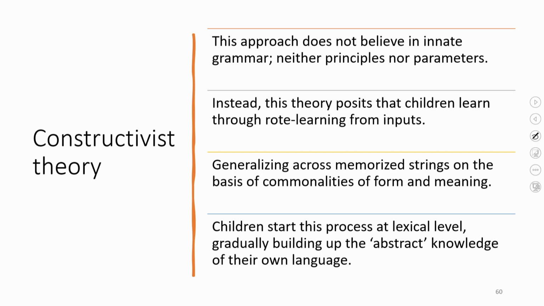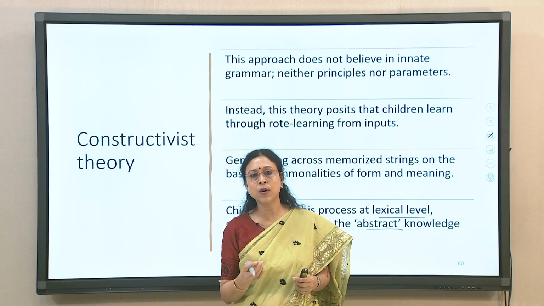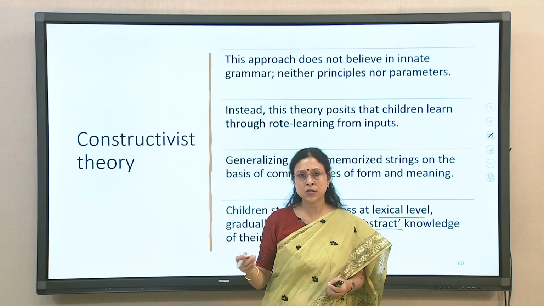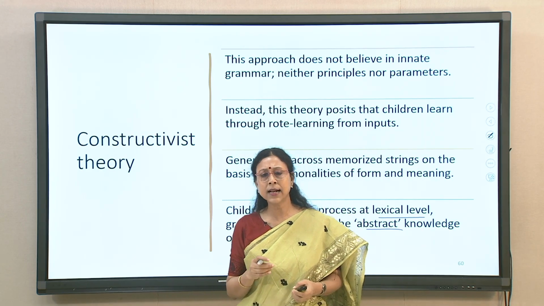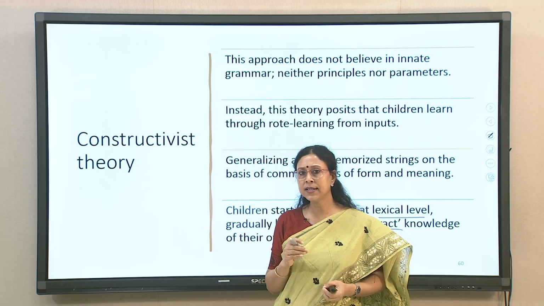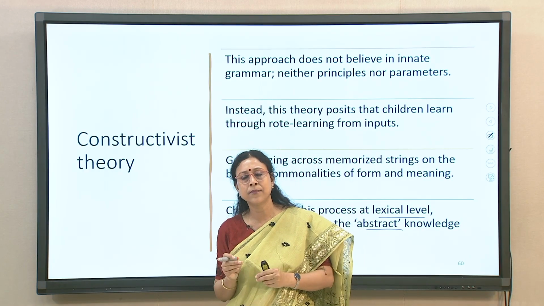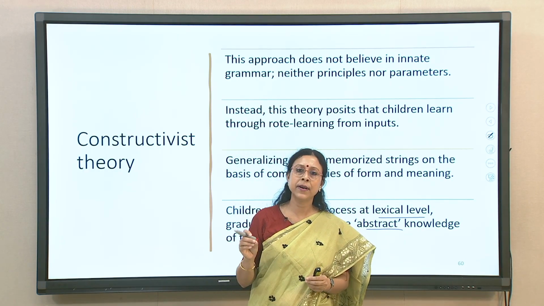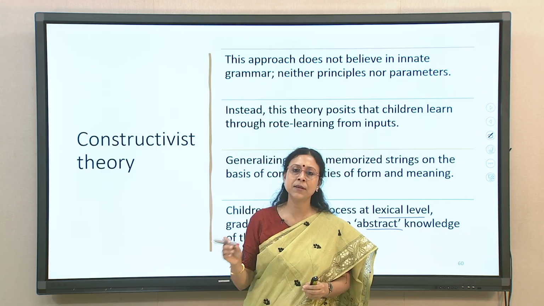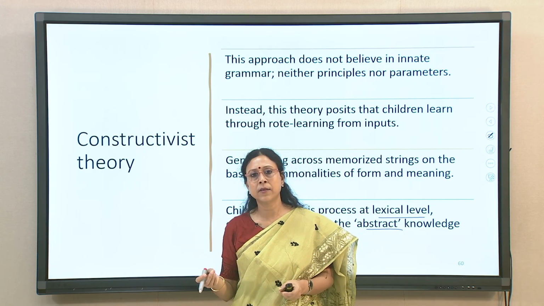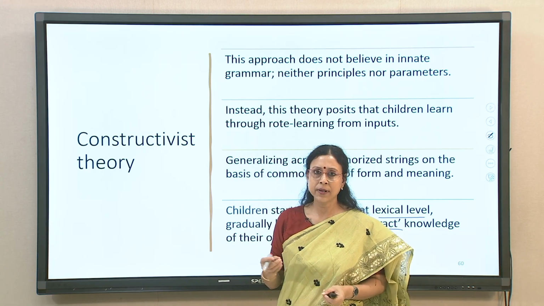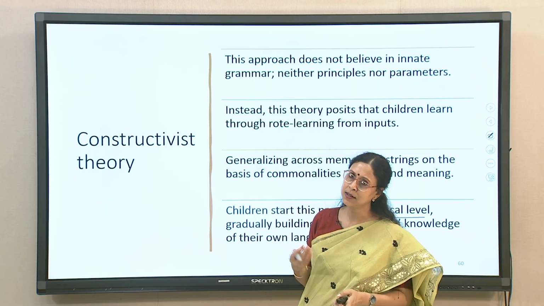So, even though they start at the lexical level, over a period of time they will be gradually building up the abstract knowledge about their own language. They will start with, let us say, a few words like walk, walked, talked, and then they will notice that these kinds of words always appear at a particular position in the sentence, and they seem to always talk about some kind of action and so on, and over a period of time they get the formula and then they generalize.